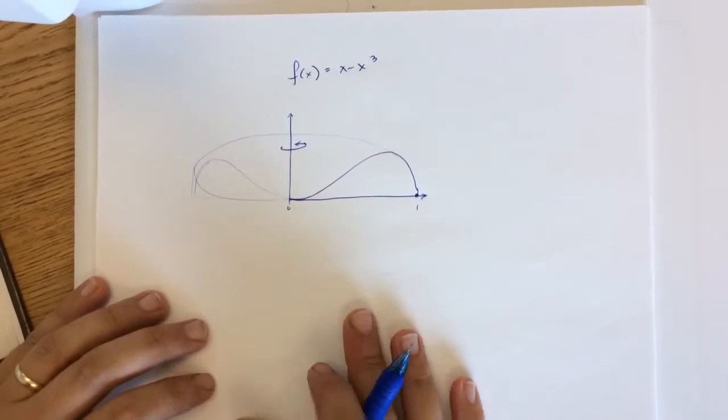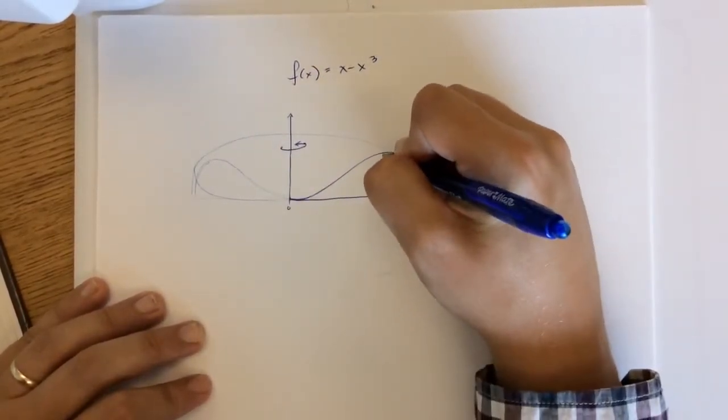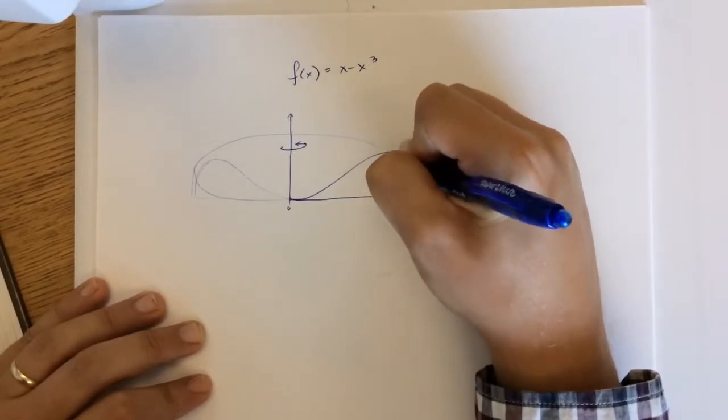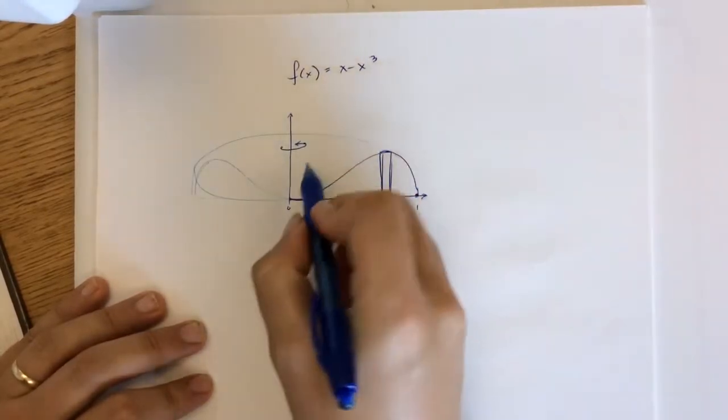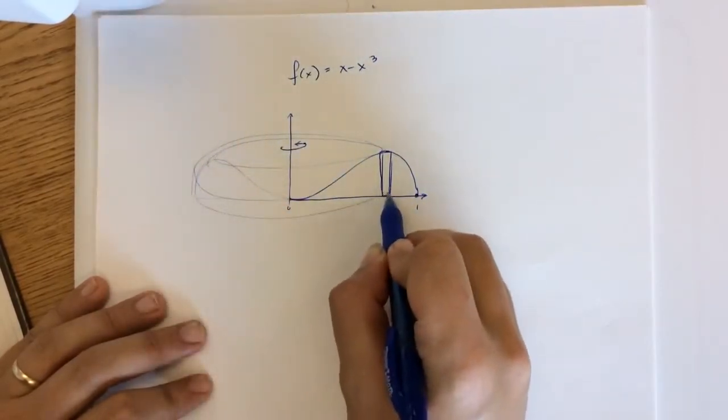Okay, so my shells for the volume that I'm adding up are going to be vertical shells, since when I rotate those vertically, I get a cylinder.